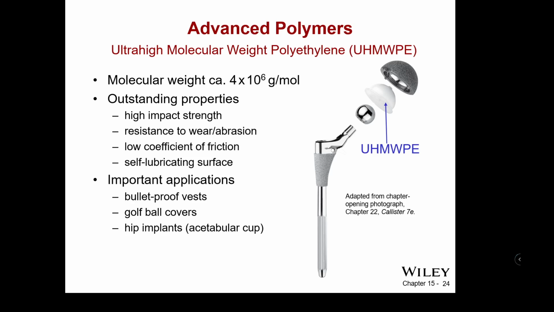Then there are other examples like the ultra high molecular weight polyethylene that's used as the acetabular cup, or the substitute for the acetabular cup, in the implant world for hip implants.